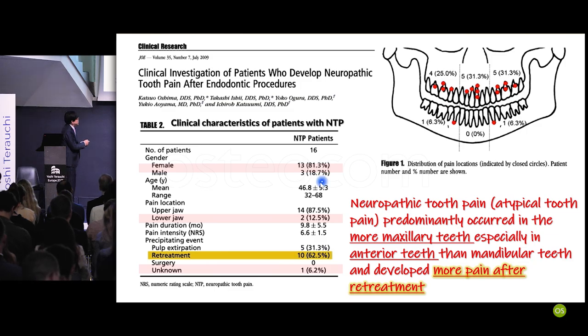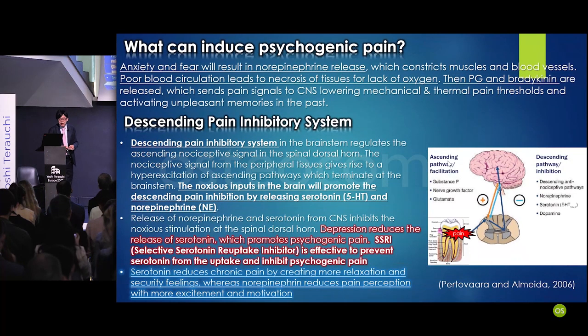And you could have psychogenic pain more in the upper teeth, like these, anterior teeth or posterior teeth, compared to mandibular teeth. I don't know, that's what they found. Why? I don't know.